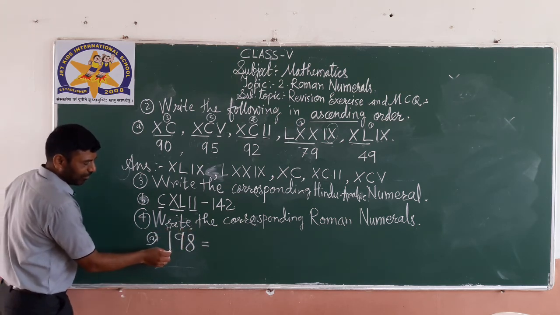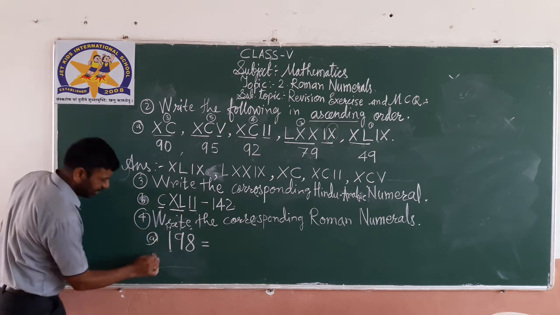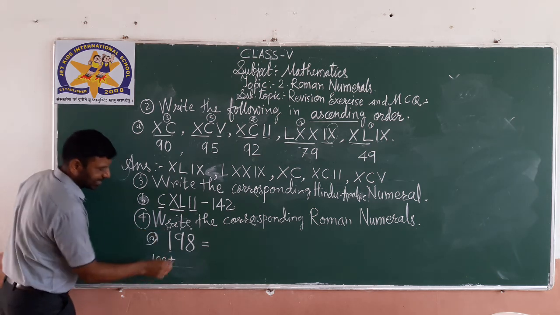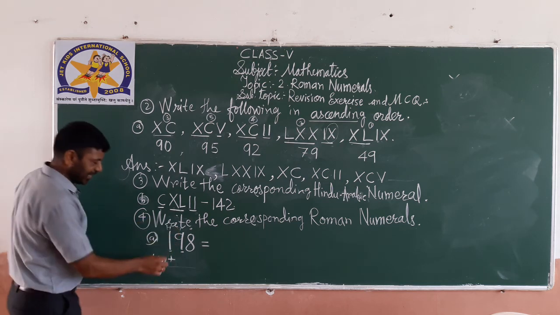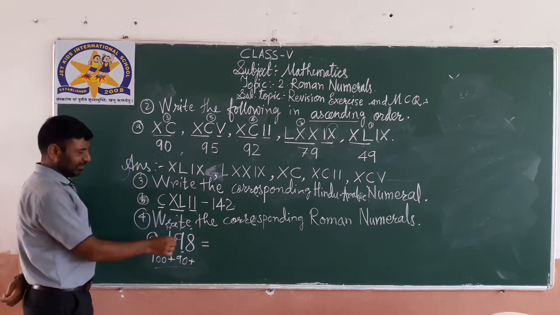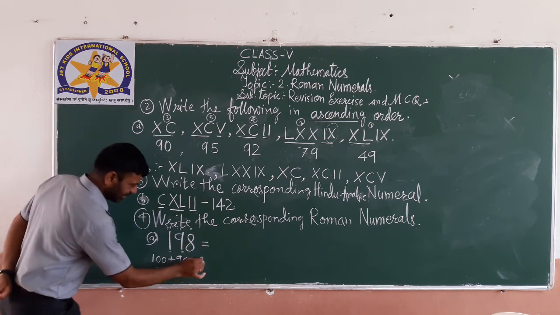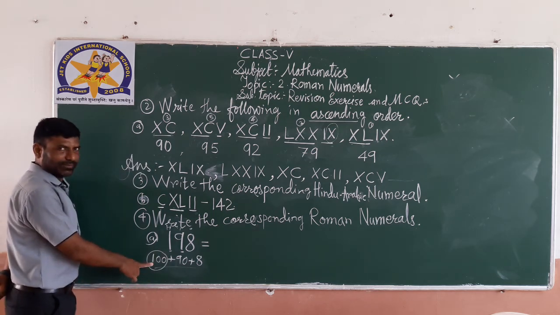What is the place value of 1? 1 is in the hundreds place, 1 multiplied by 100, 100, plus 9 is in the tens place. 9 multiplied by 10, 9 tens are 90, plus 8. 8 is in the ones place. 8 ones are 8. So, which symbol is for 100?